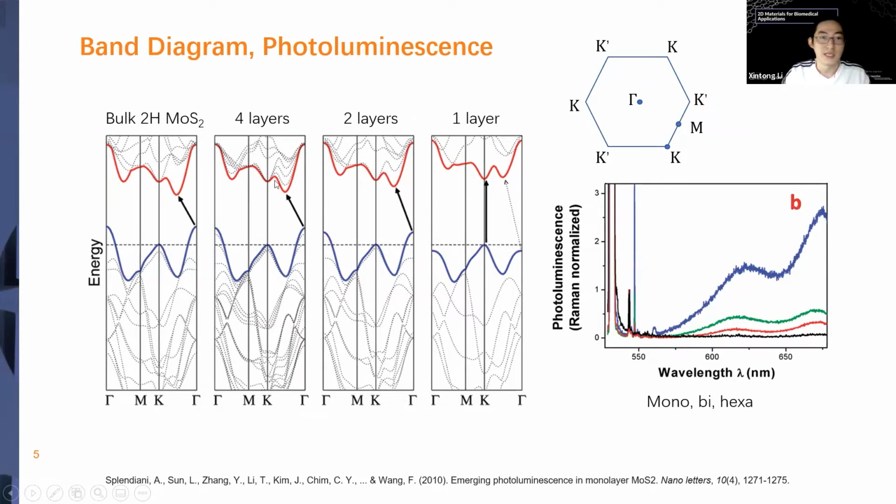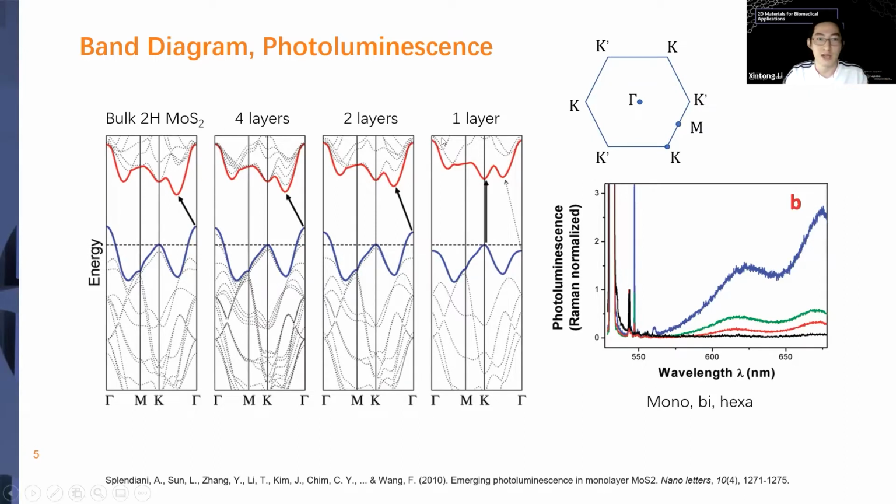We can see from this chart that the red line is the conduction band, while the blue line is the valence band. We can see a very clear transition from an indirect, relatively small band gap to a large direct band gap in the monolayer. This is one of the reasons why we say it has a tunable property: we have a tunable band gap depending on the composition and the layer number of this material.